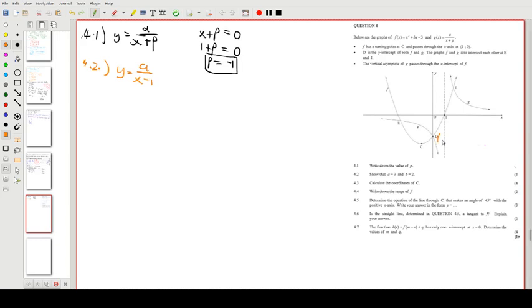So D is the point (0, -3). So we can use that one. So y is negative 3 when x is 0. Alright, so negative 3 equals a over negative 1. Multiply both sides by negative 1, and we get 3 equals a. There's the value of a.